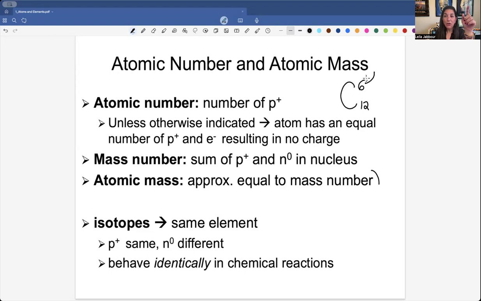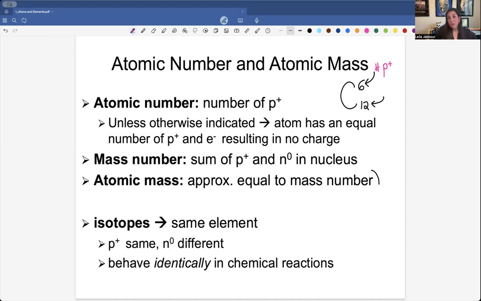We have the atomic number and the atomic mass. So the atomic number, what is that? When you're given an atomic number for a specific atom, this tells you how many protons, it's the number of protons that are in the nucleus of that atom.